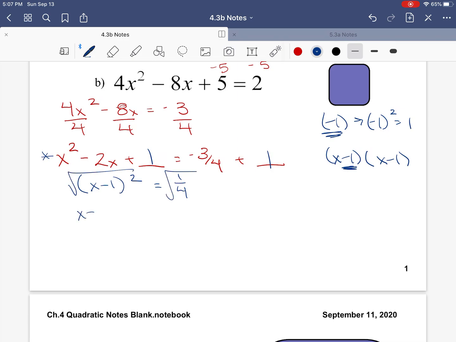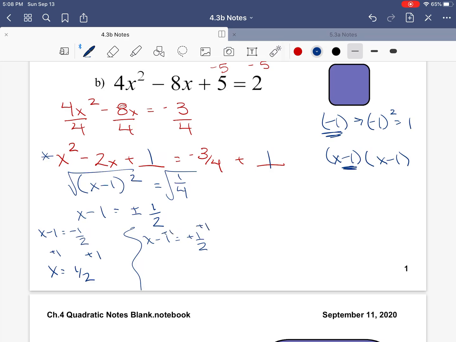Square root both sides. X minus 1 is equal to plus or minus. Remember, when you square root fractions, you're square rooting the top over the square root of the bottom. So that's going to be 1/2. Split our pieces. X minus 1 is equal to -1/2. X minus 1 is equal to +1/2. Again, you're thinking common sense with these fractions. If I'm adding 1 to both sides, 1 minus 1/2 is equal to 1/2.